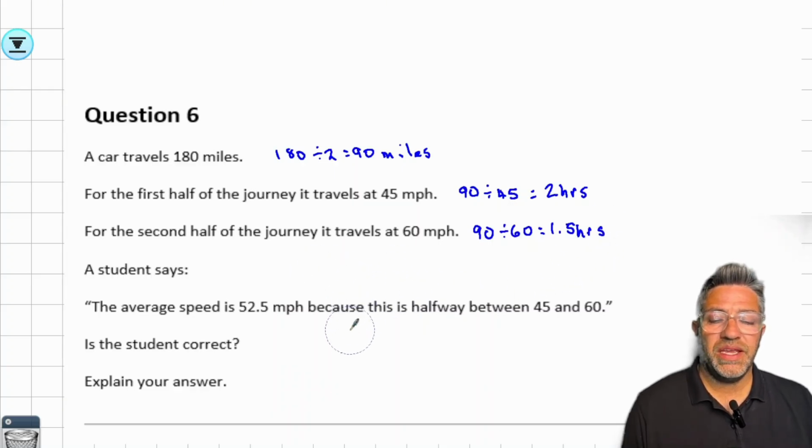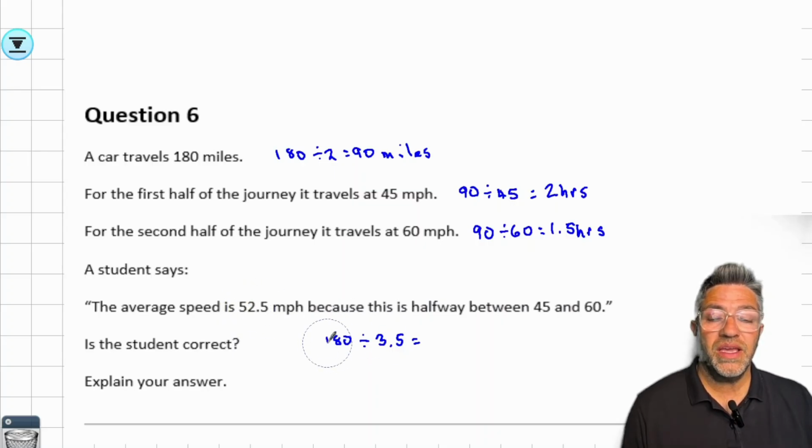The average speed for the whole journey. Well, the whole journey is 180. The total time taken for the journey is 3.5.